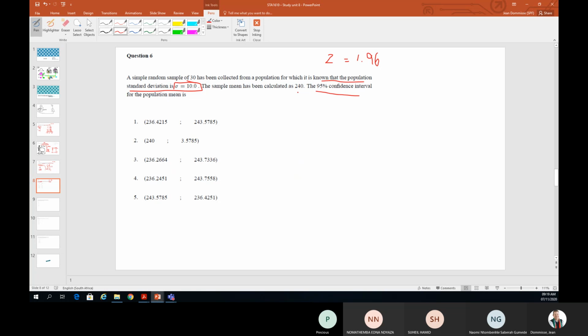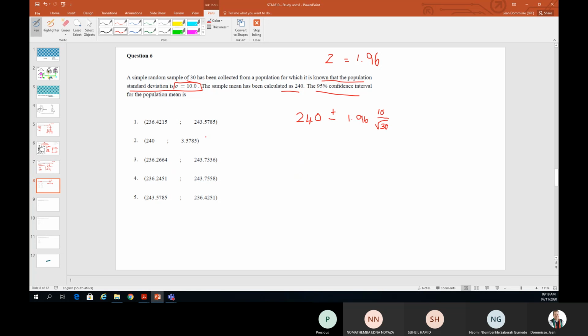The sample mean has been calculated as 240. Okay, so we know that 240 will be in the middle. We're working with 1.96. At the top, it was 10 because that's your standard deviation. At the bottom, it was 30.